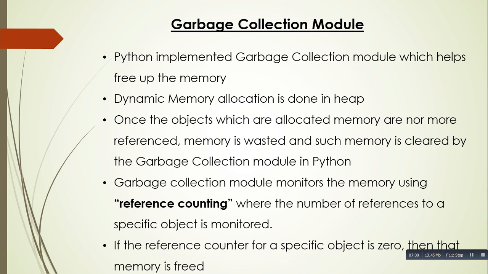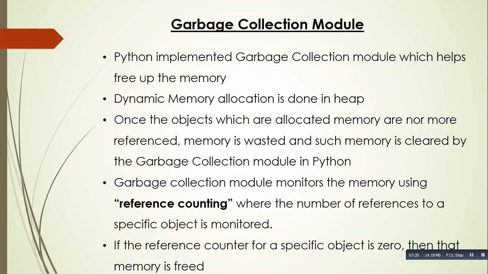Whenever the references to that specific object go to 0, that means there is no more need of the object in the program. The garbage collection module checks that and frees the memory. That's how the garbage collection module works in Python.